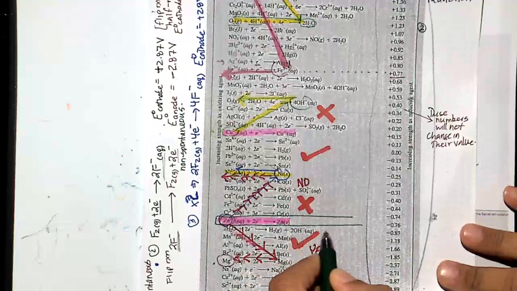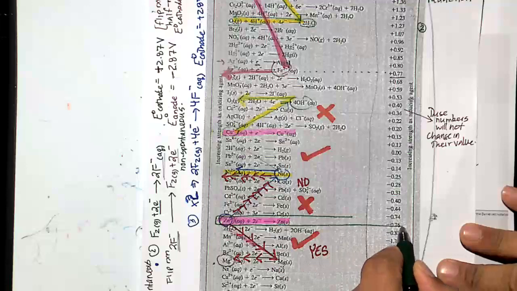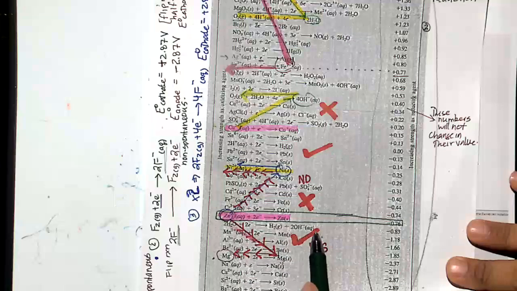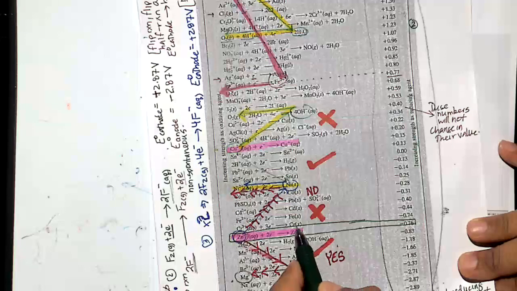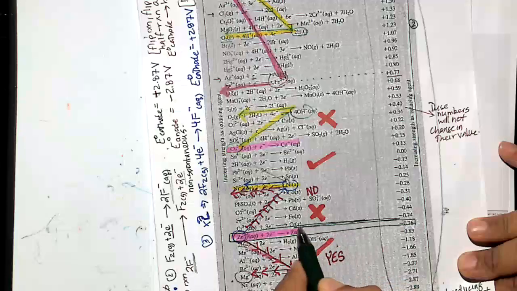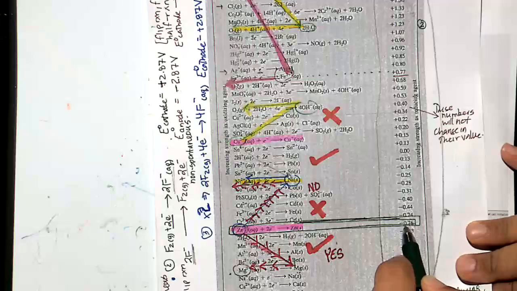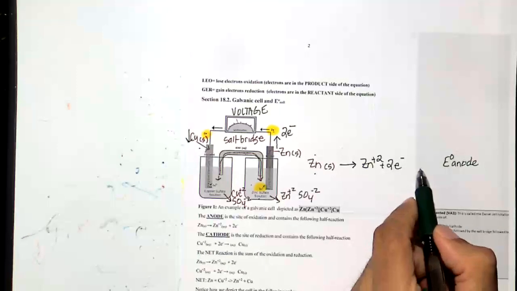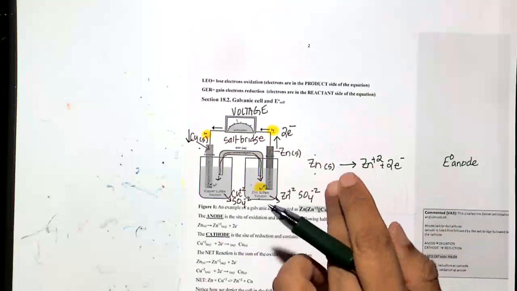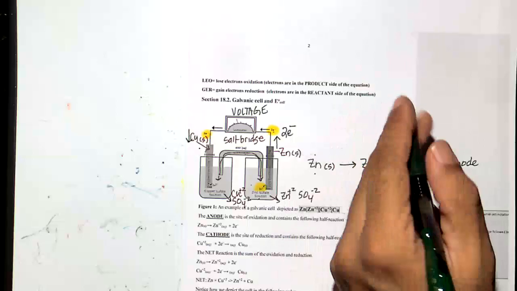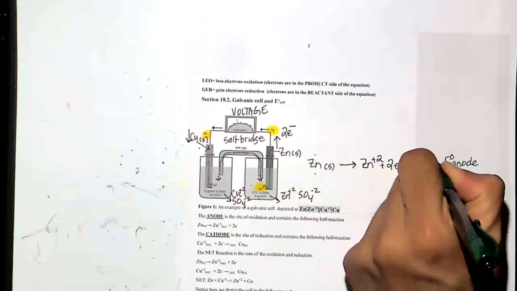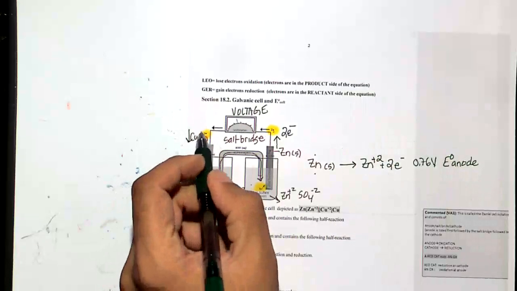What do we need to do with this reaction? We need to flip it. Why do we flip it? Because this is what's happening here. So we flip this, it's positive 0.76 volts.